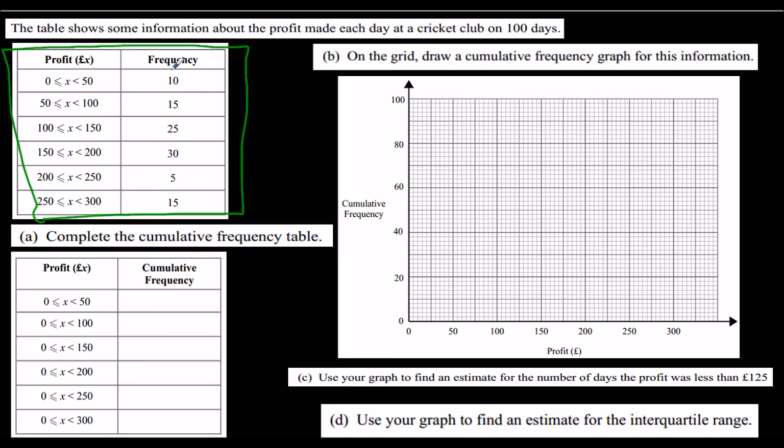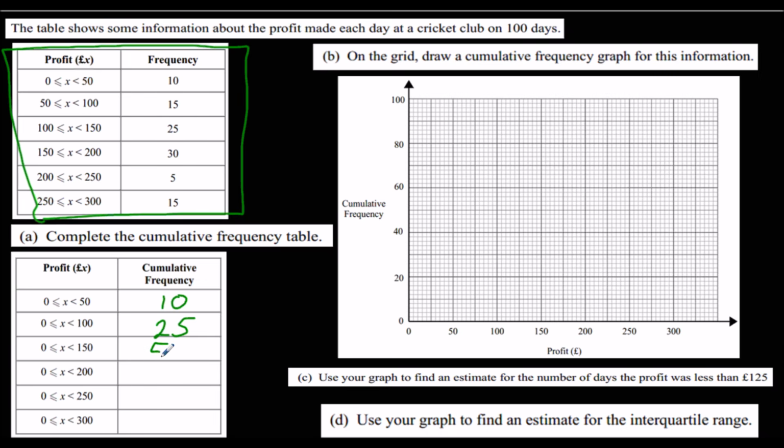So up to 50, there are 10 days. From 0 to 100, we want the first box and the second box added together. So 10 and 15 make 25. 0 to 150, so everything up to 150 means we add on the next box.